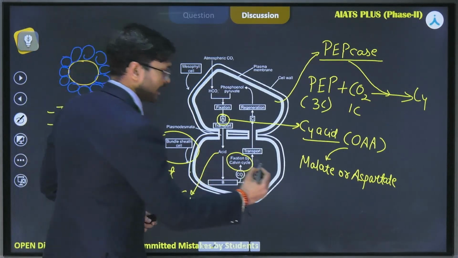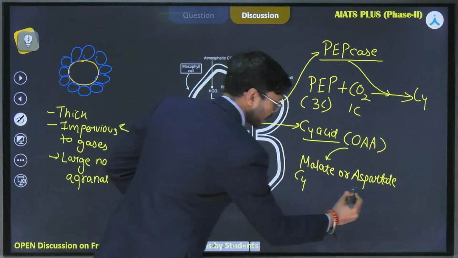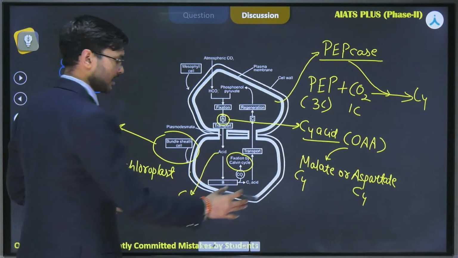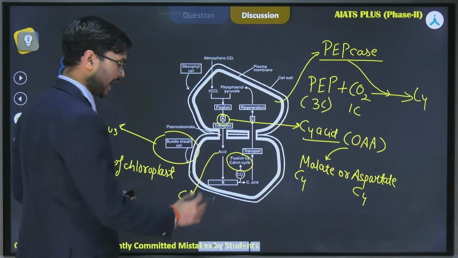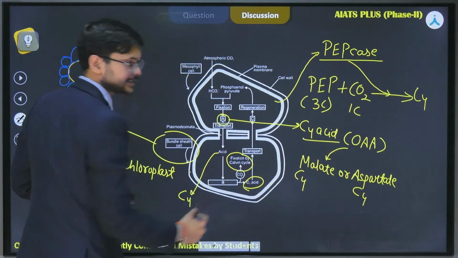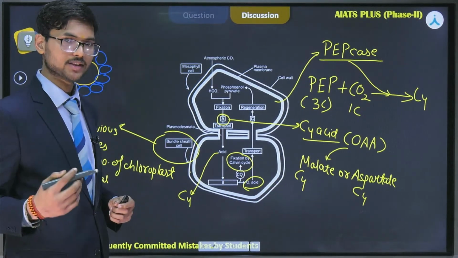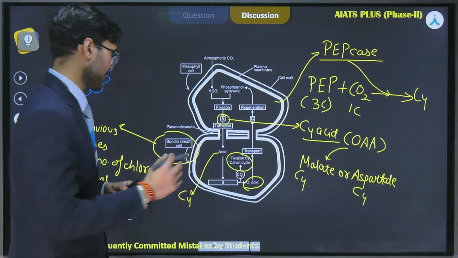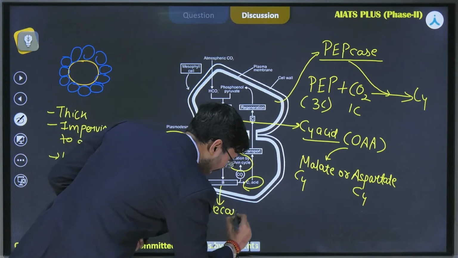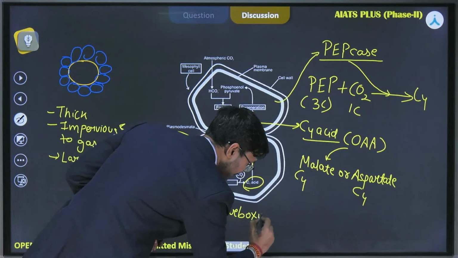So, if it was a C4 carbon, and I have removed one single carbon from C4 carbon, how many carbons will remain here? It will be a C3 acid, and the process itself is called decarboxylation, or removal of carbon dioxide. Okay. So the process here given is decarboxylation.